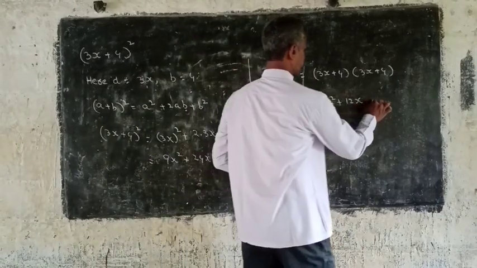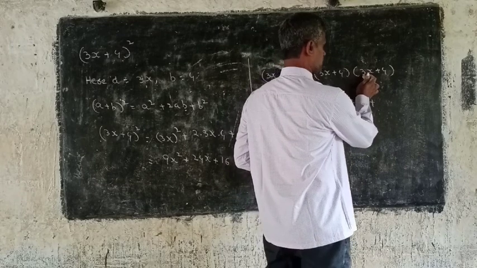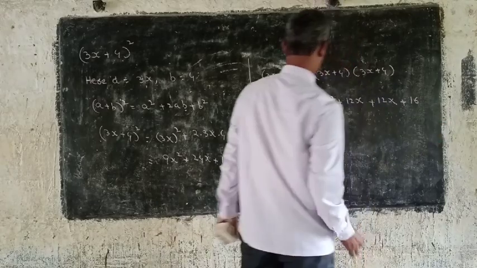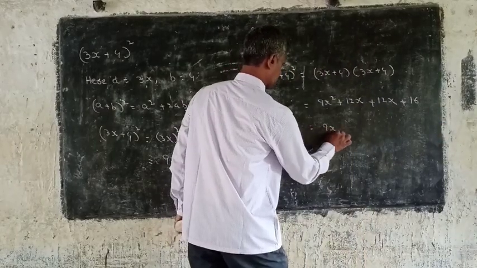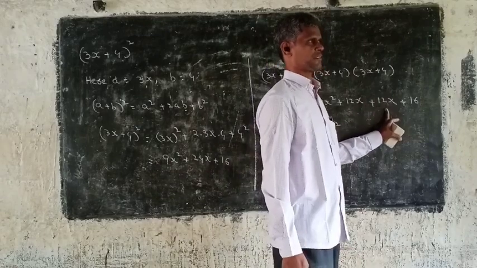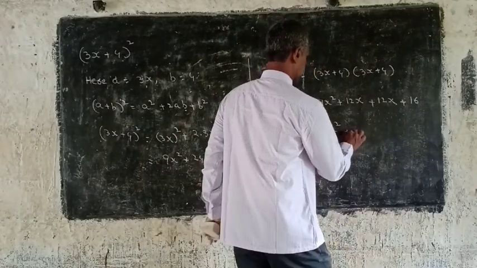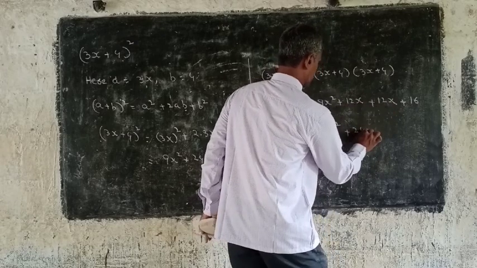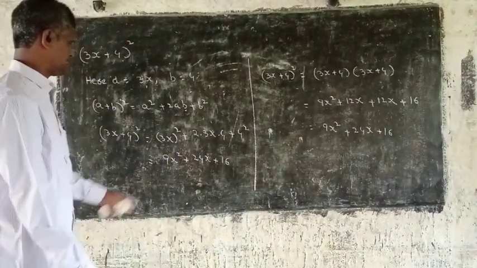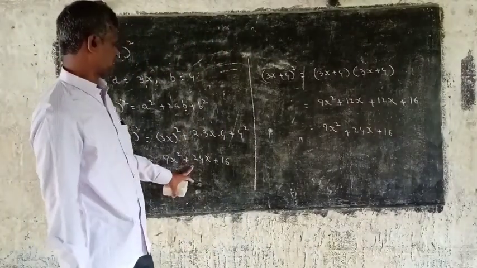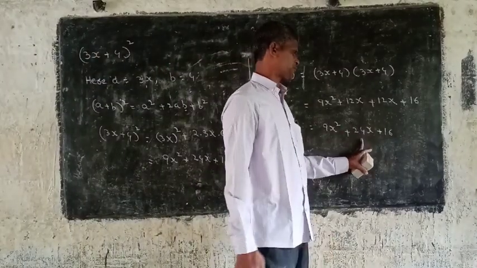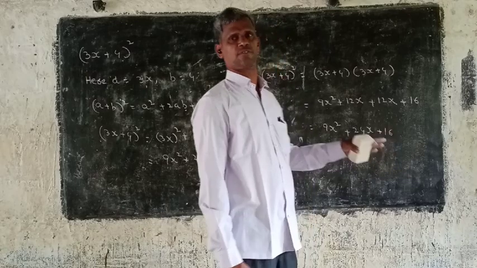Next again 4 into 3, 12x plus 4 4s are 16. 9x square, same on like terms సజాతి పదాలు రెండు కూడా సేమ్ కాబట్టి ఈ టోటల్ ఎంత అవుతుందంటే 24x plus 16. ఇది మనకి మెథడ్ 1 మనకి 9x square plus 24x plus 16. మెథడ్ 2 కూడా సేమ్ 9x square plus 24x plus 16. Using మనం any method.